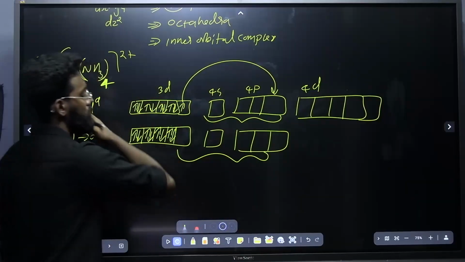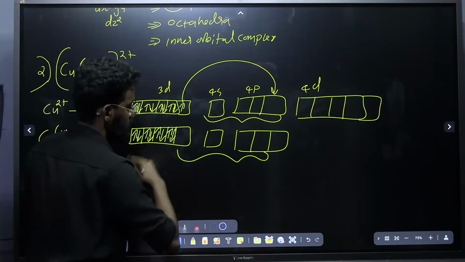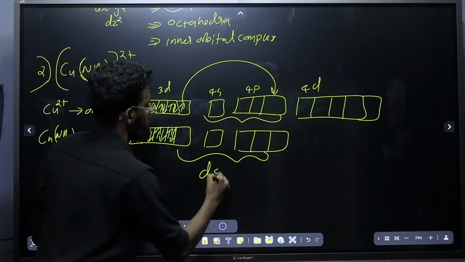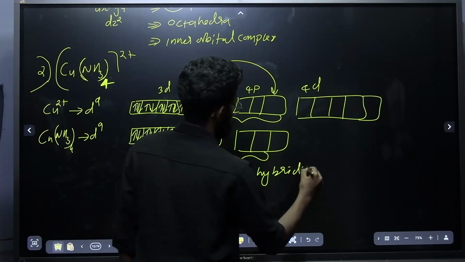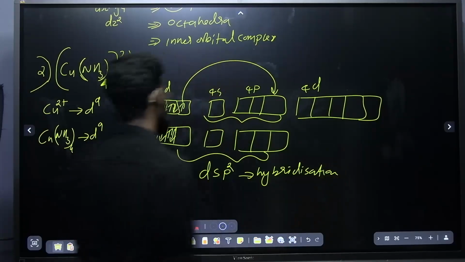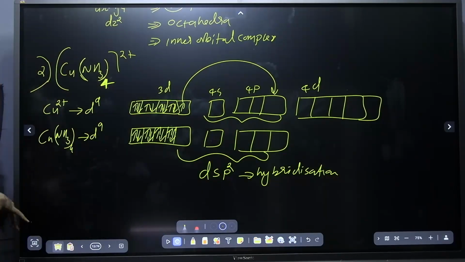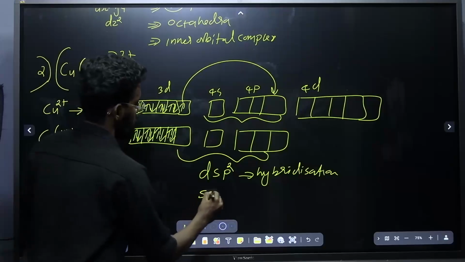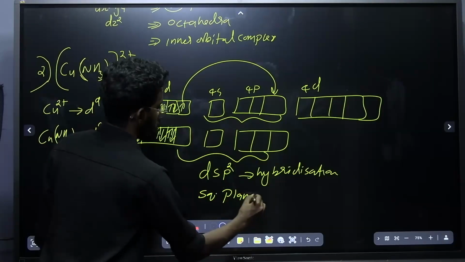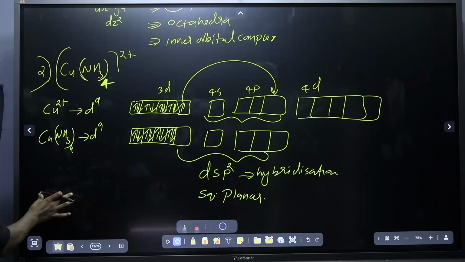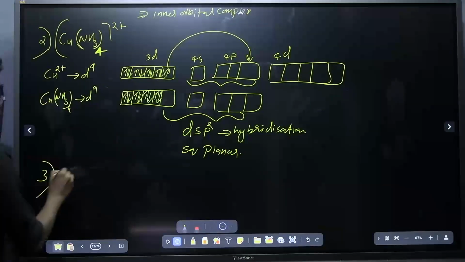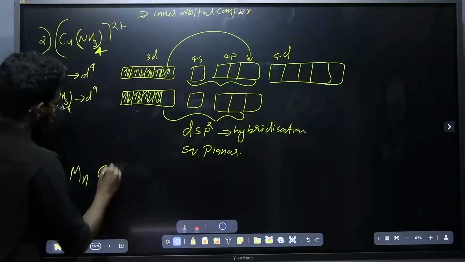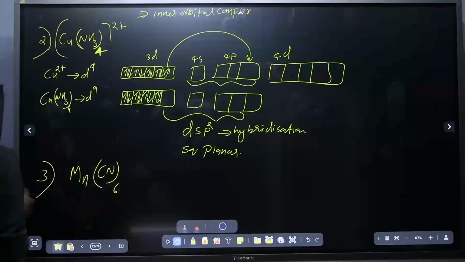And so finally we explain the experimental fact that it is dsp2 hybridization. So note down, this is one of the exceptions in VBT, and it has square planar geometry. Okay, now one more thing is there, that is [Mn(CN)6]3-.